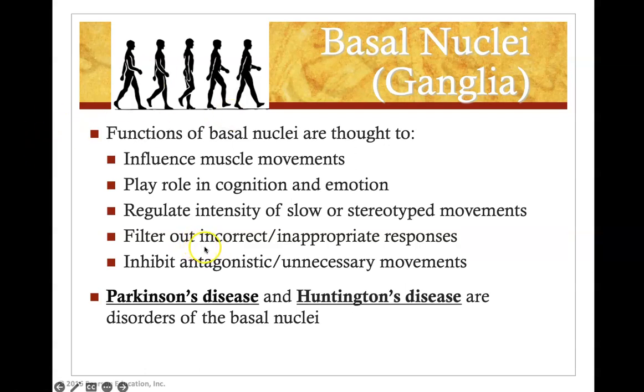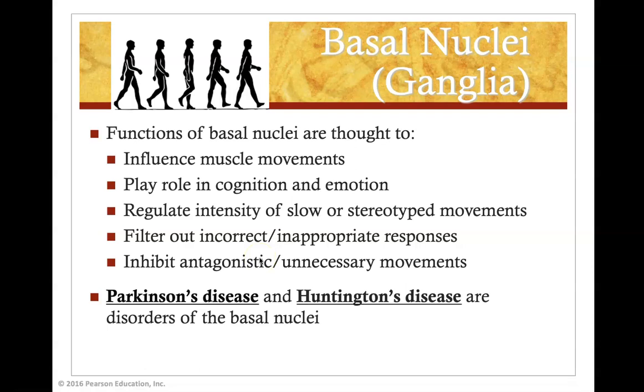They'll also filter out incorrect or inappropriate responses, especially inappropriate motor muscle movements. And they'll also inhibit antagonistic or unnecessary movements that are the opposite of what you want. The easiest way to picture these last two is to picture the case of an individual with Parkinson's disease.